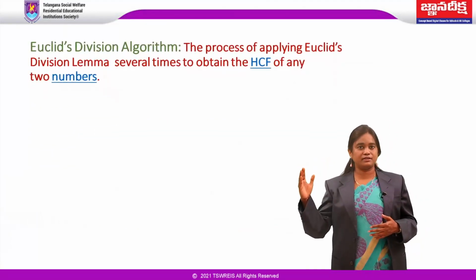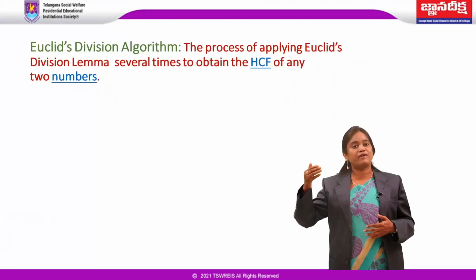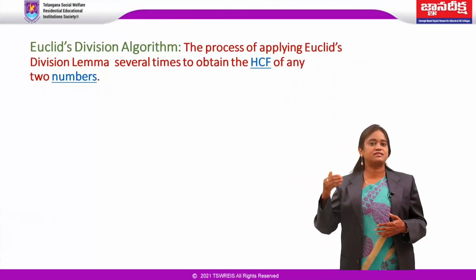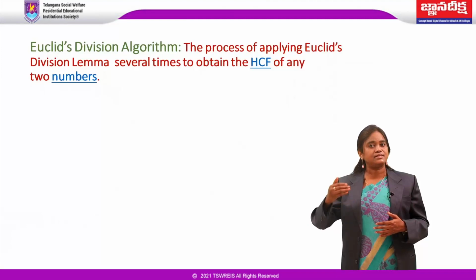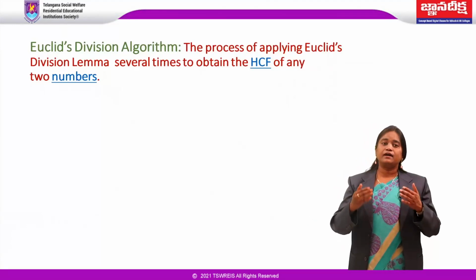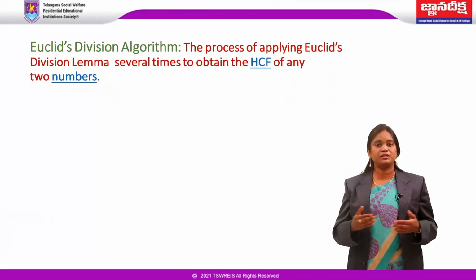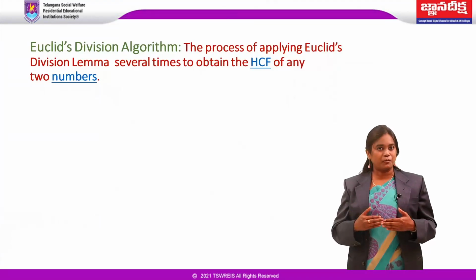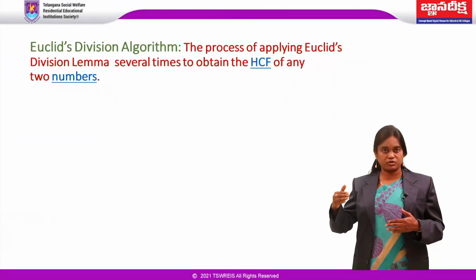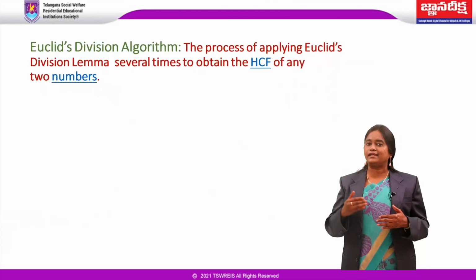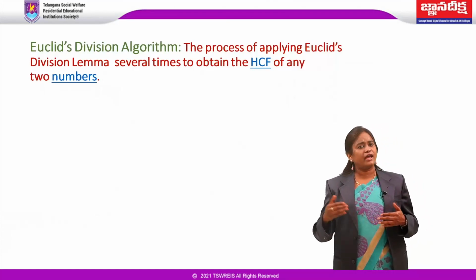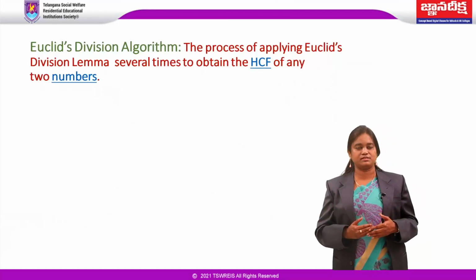Euclid's division algorithm is the process of applying Euclid's division lemma several times to obtain the HCF of any two numbers. It provides a stepwise procedure for calculating the HCF of any two positive integers.